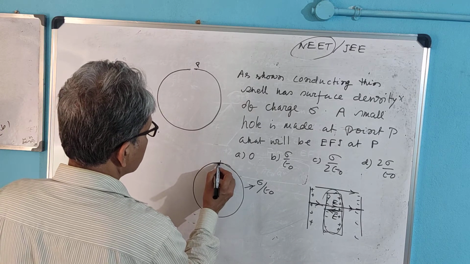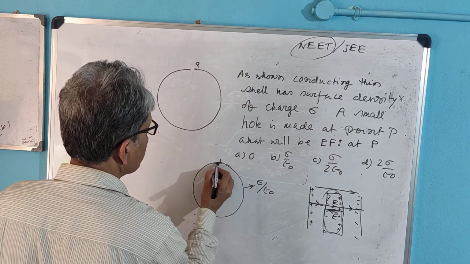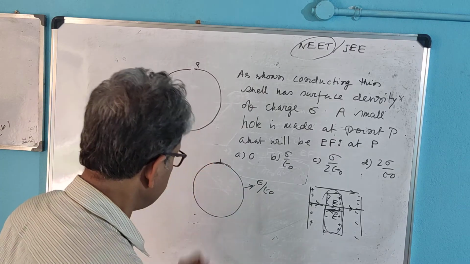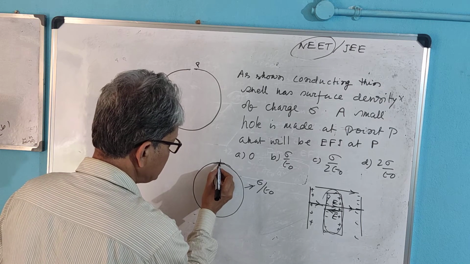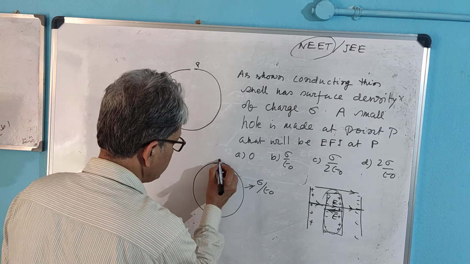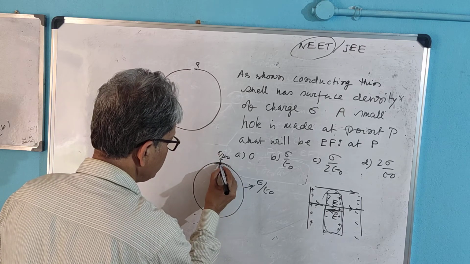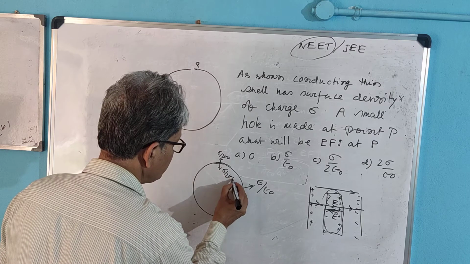Suppose this is a small conducting plate. It can be considered as a thin sheet of charge. So in this direction there will be sigma by 2 epsilon 0, and in this direction also sigma by 2 epsilon 0.